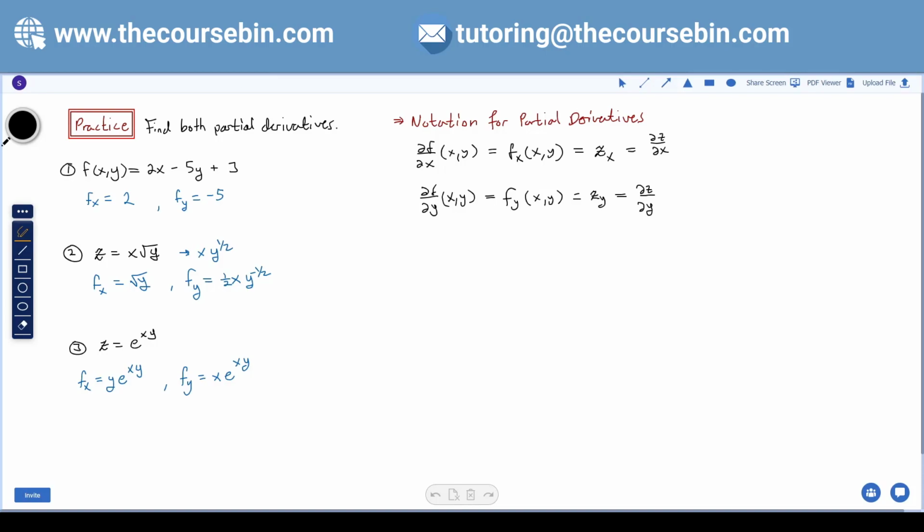Okay, and let me see. Now, this is how you calculate the partial derivatives, right? But you can also evaluate the partial derivatives at certain points.